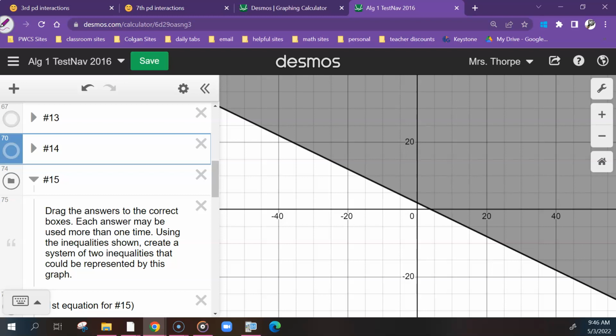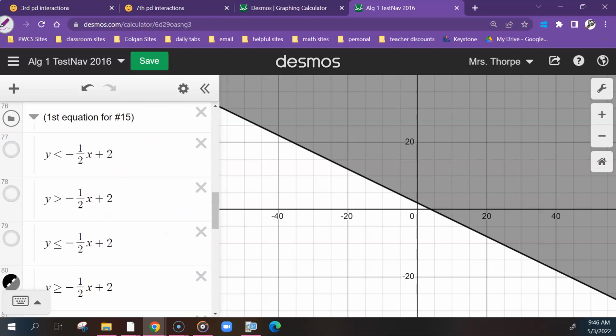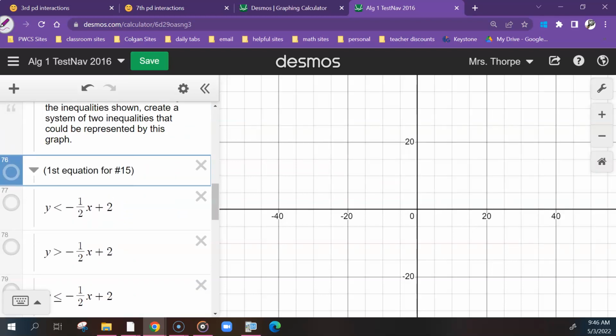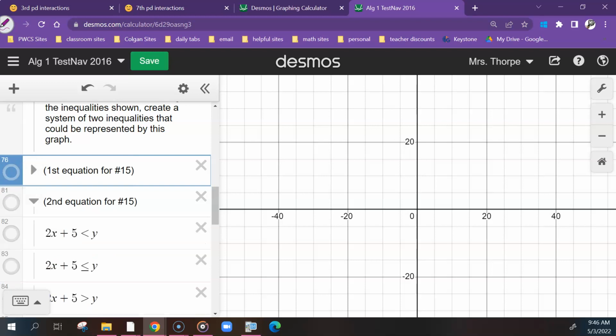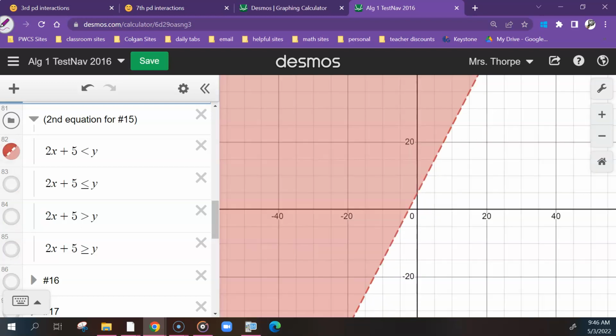So that would tell me it has to be greater than, or greater than or equal to, I should say. And then I could do the same thing for the second, put each of those in, and see which one matches. It may help if you saw just one at a time.